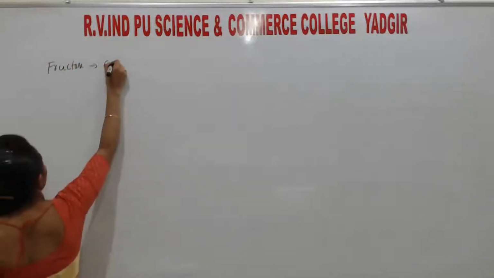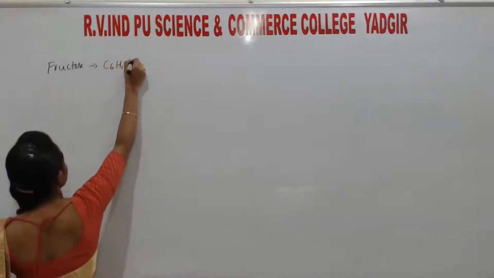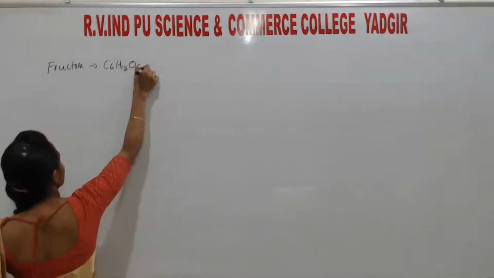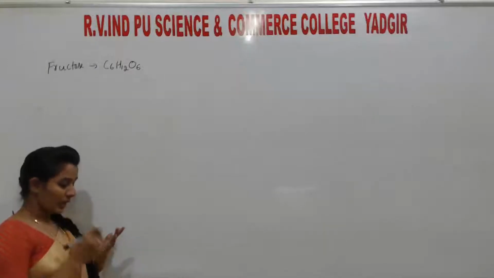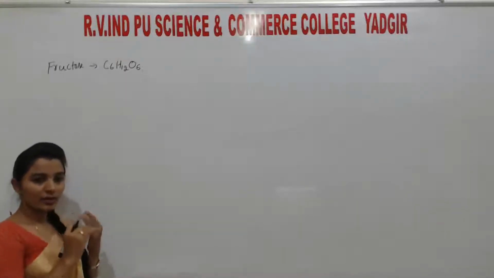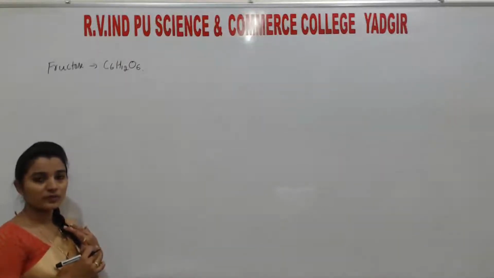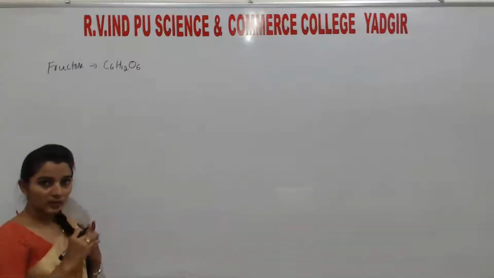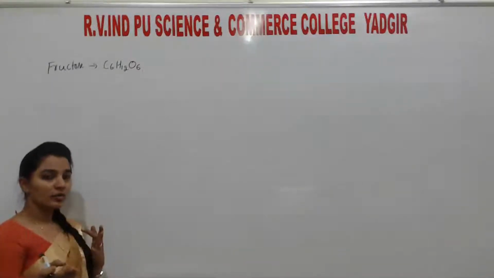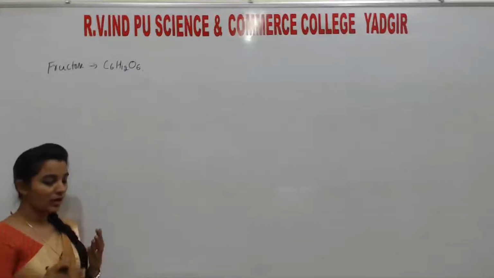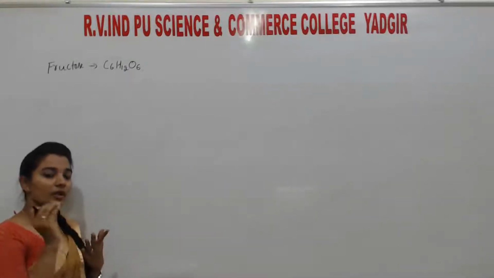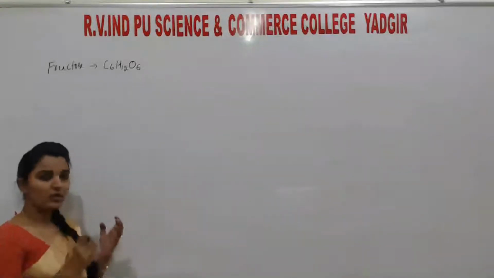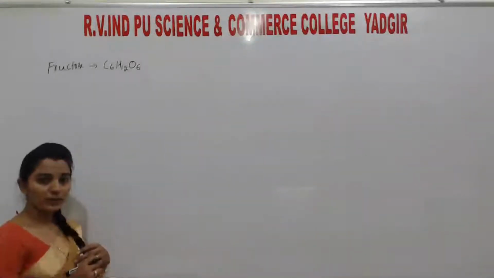The molecular formula is C6H12O6. Students, remember, fructose, like glucose, has an elucidation structure. The molecular formula is C6H12O6. When it is treated with HI, we came to know all the carbon atoms are in a straight chain. It is treated with hydroxylamine and also HCl, and from that we came to know, like glucose, that a carbonyl group is present.